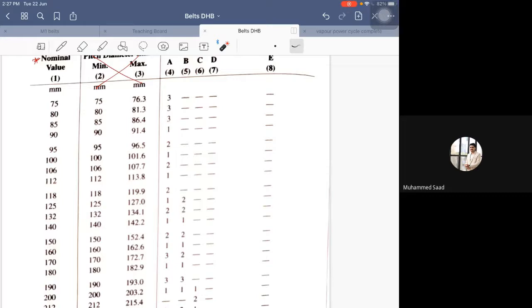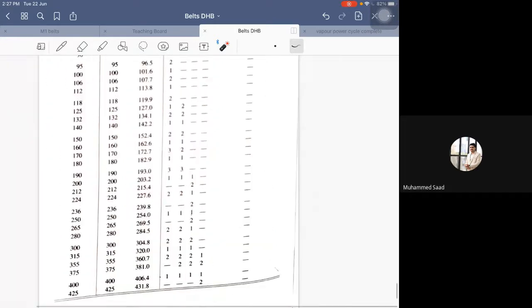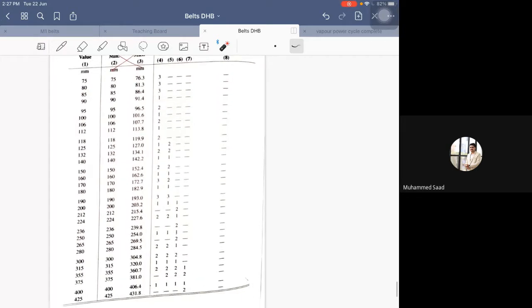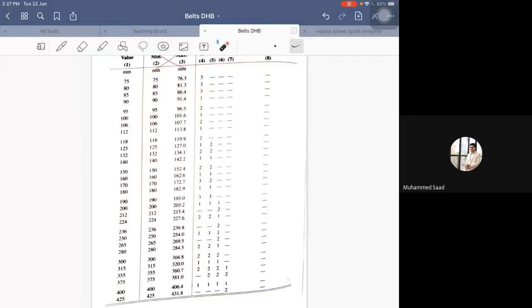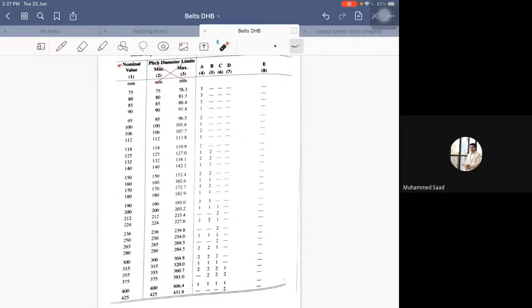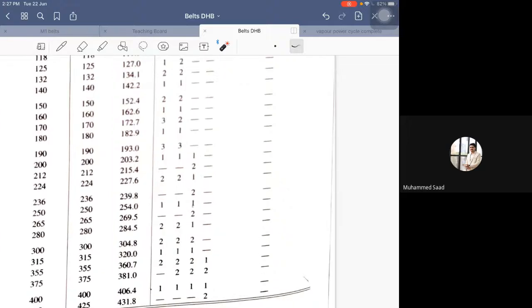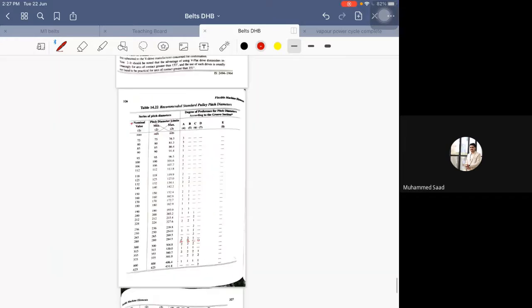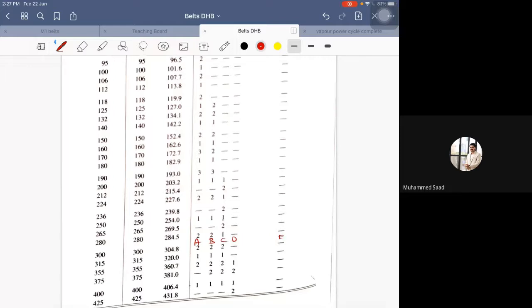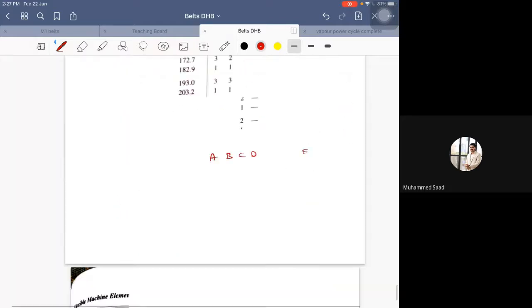It is 400 mm. Where is 400? So here is your 400 mm. I would just write here A, B, C, D, and E, so that it would be convenient for us to discuss.